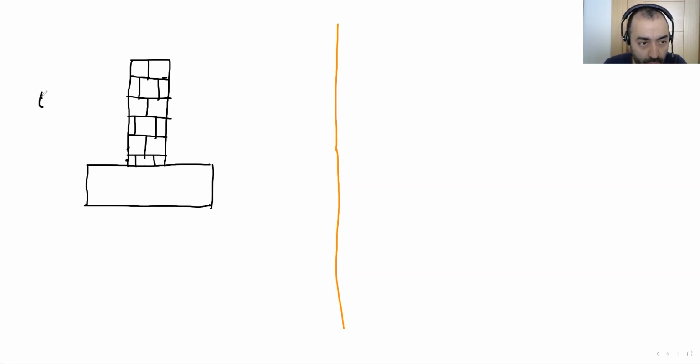This portion is the wall portion. This portion is foundation. Okay, wall takes the load from upper floors and transfer it to the foundation. And then, by the way, I forgot to this portion. Here is the ground.